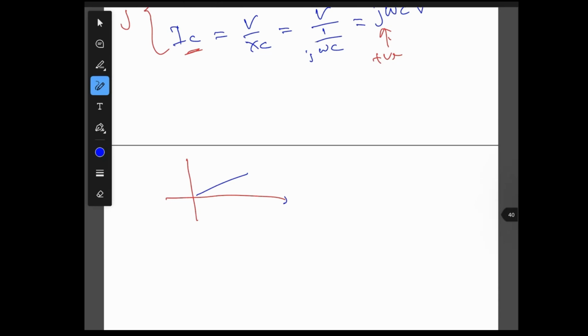This one is 0, and the angle is read from this 0 in this direction. This angle, let's say theta.